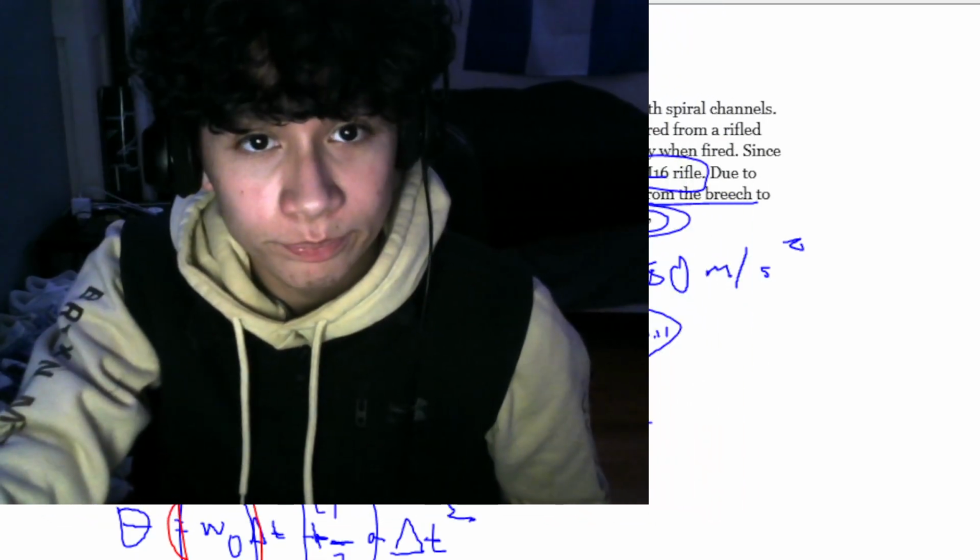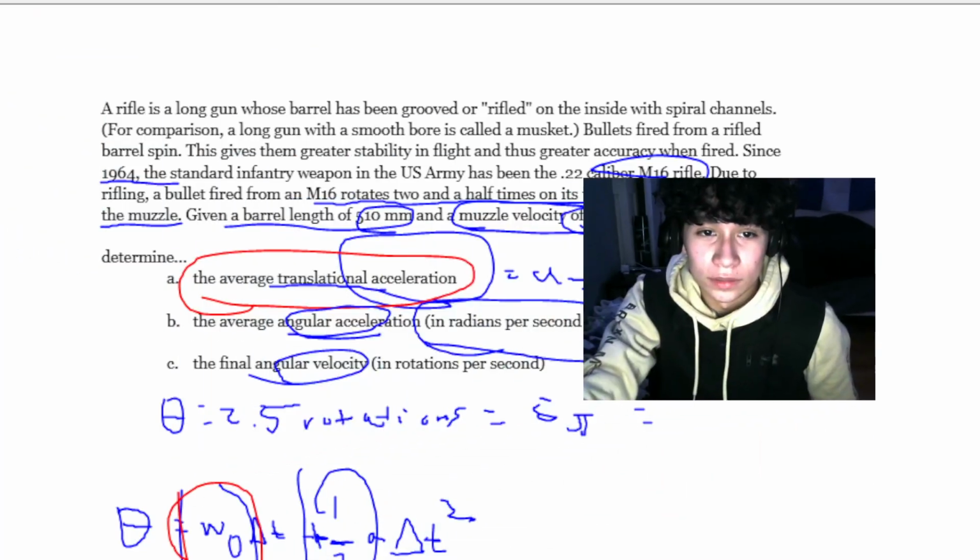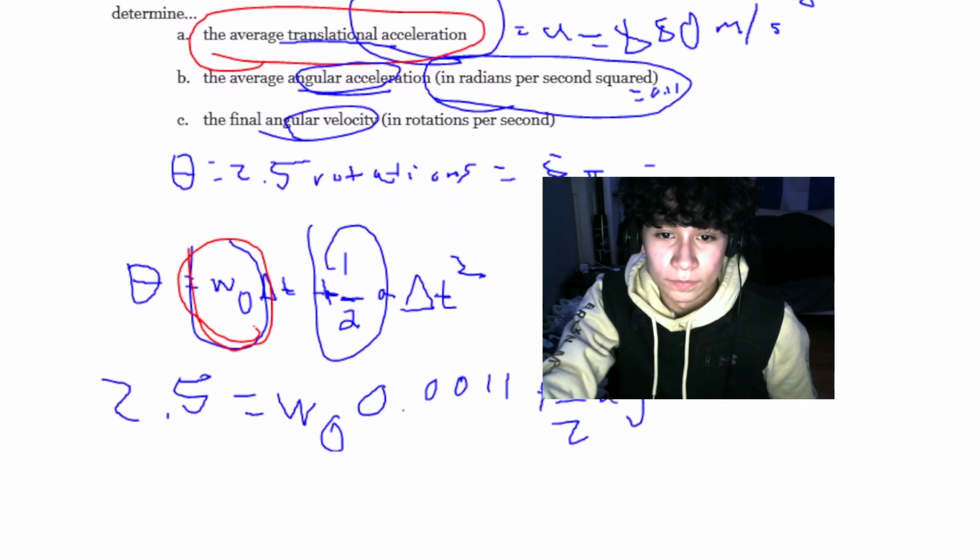Honestly, I think I'm gonna cut it there because I don't know what to do. I'm gonna have to actually search it up more.